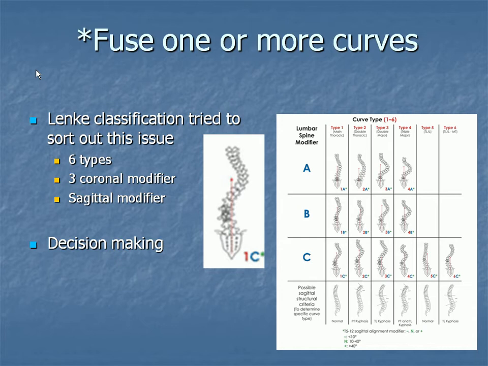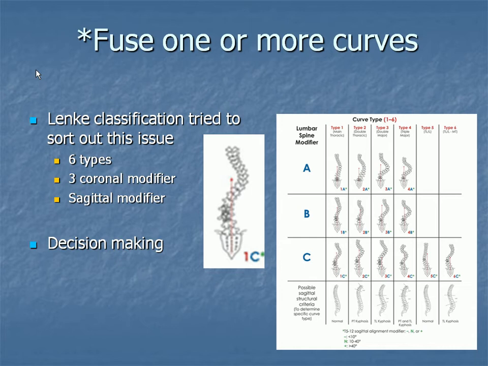So we have 6 types of scoliosis, and we have 3 modifiers for the coronal classification, A, B, and C, depending on the central sacral line in relation to the apical lumbar vertebra. And we have a sagittal modifier, positive or negative, depending on the kyphosis of the thoracic spine.